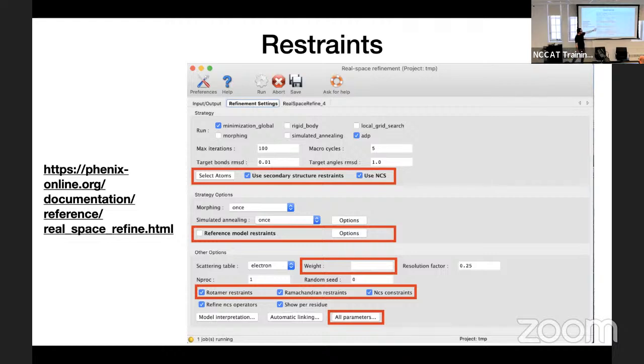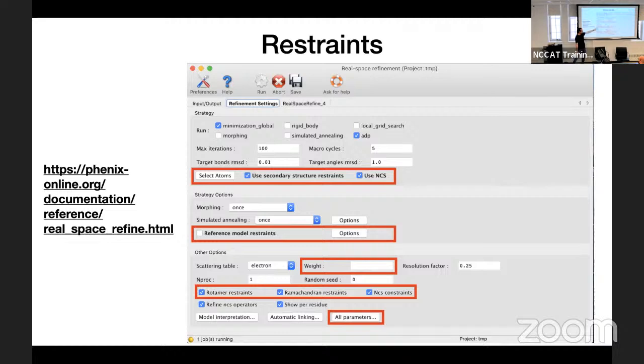Reference model restraints is something I think a lot of people don't know about, but can be very useful. In the case where you're starting with a 1.5 angstrom crystal structure and you're in a 6 angstrom map, most of the time you want that input model to stay almost the same.